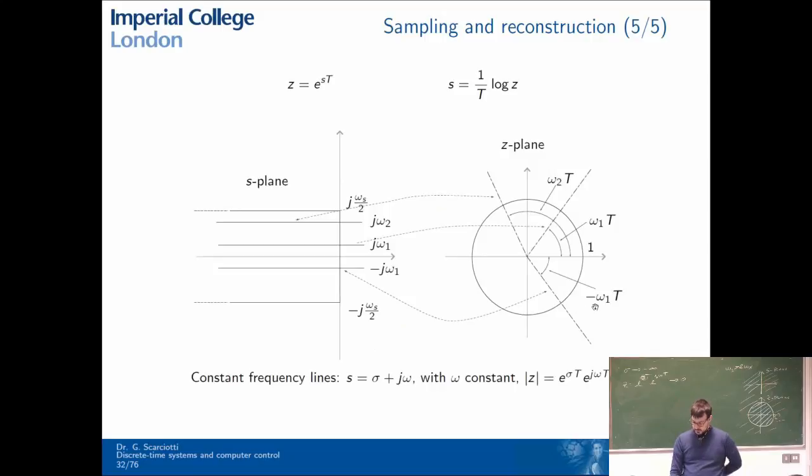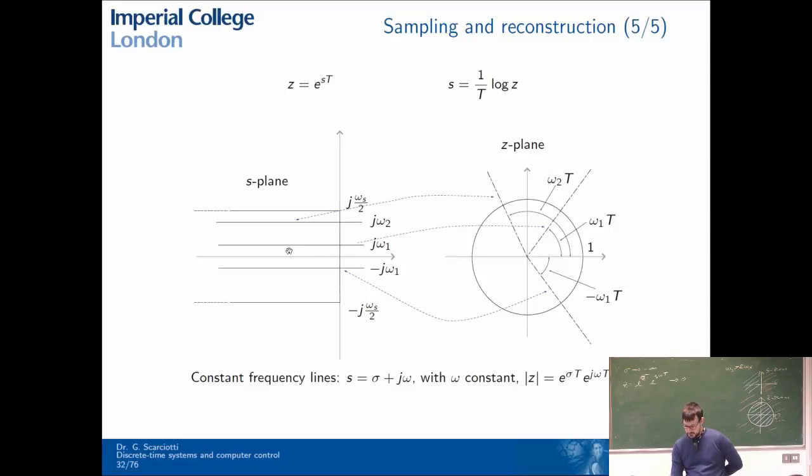The next characteristic that we look at is the constant frequency lines. So what happens is, instead of considering vertical lines, we consider now horizontal lines. So horizontal lines are lines in which the sigma value changes, but the omega value doesn't change. So this means that when we map it to the z-plane, the phase stays the same.